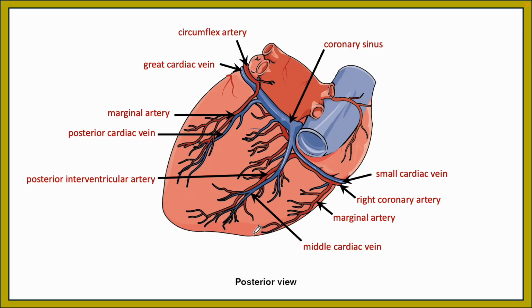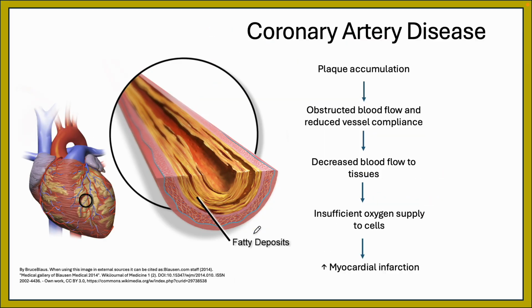All right, so the circulation of the heart is very important, and disruption in this can lead to serious complications, especially in the case of coronary artery disease, which is the leading cause of death worldwide. It's caused by a plaque buildup inside the arterial walls.